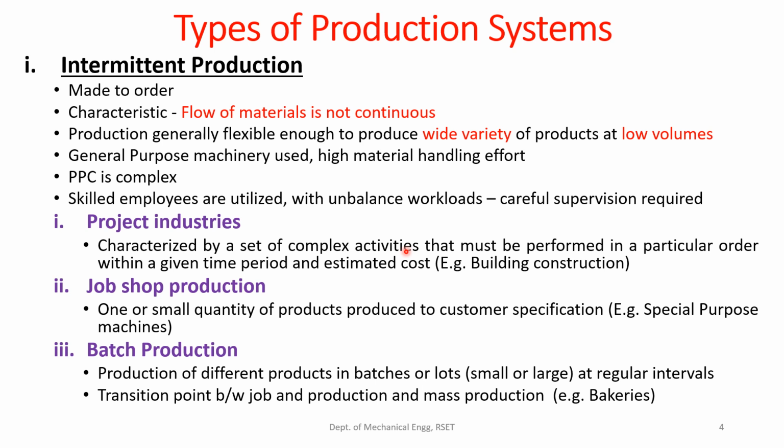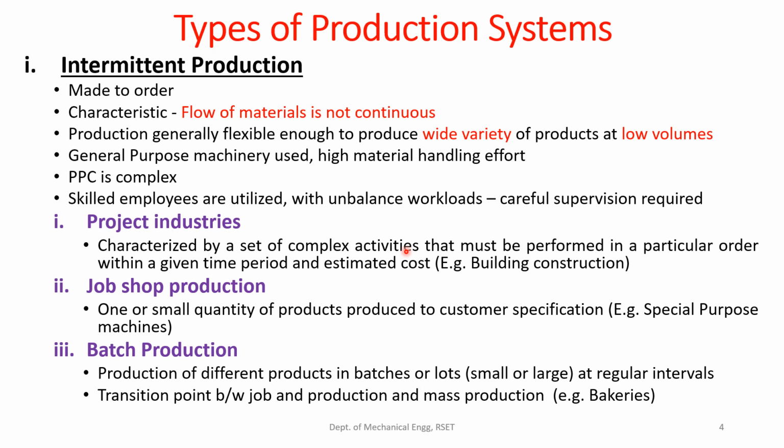Intermittent production systems also require the employment of highly skilled labor, because they are dealing with a wider variety of products. They are not doing the same kind of job over and over again.